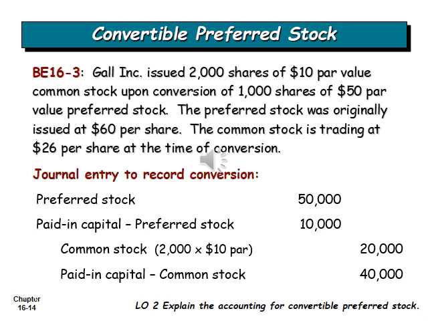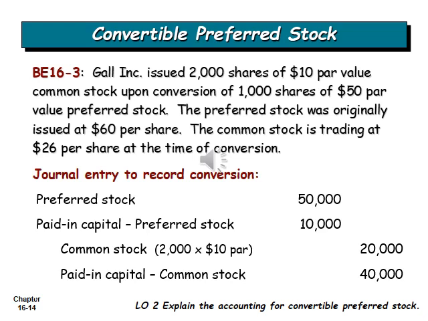So in this case, we have two accounts related to the preferred stock: 50,000 par value, 1,000 times 50, and the additional paid-in capital for preferred stock, 10,000, which is 1,000 times 10. And these two accounts are credit.